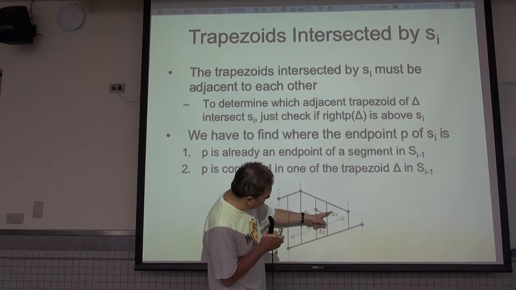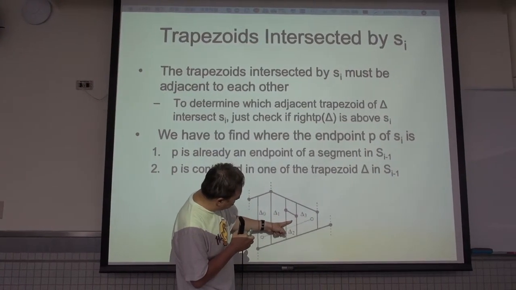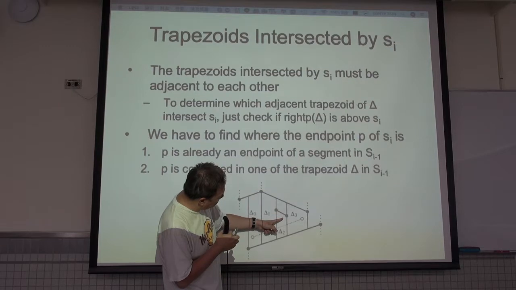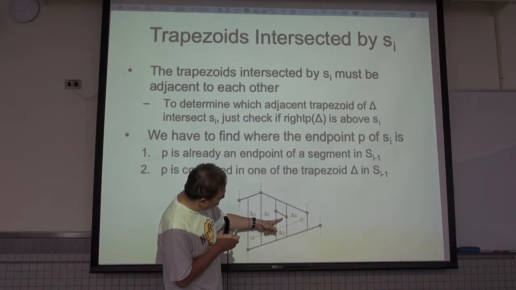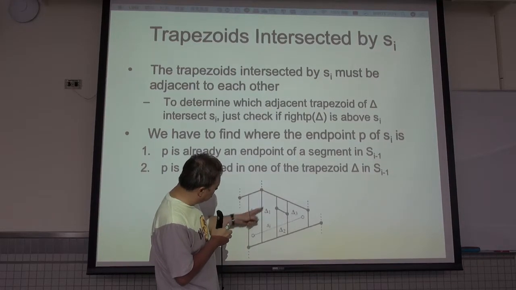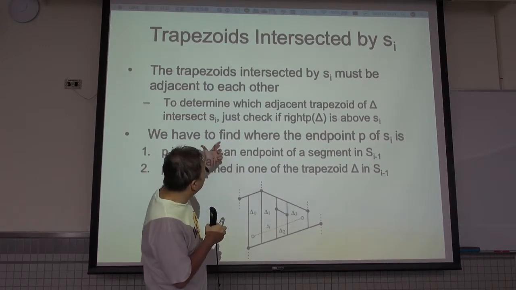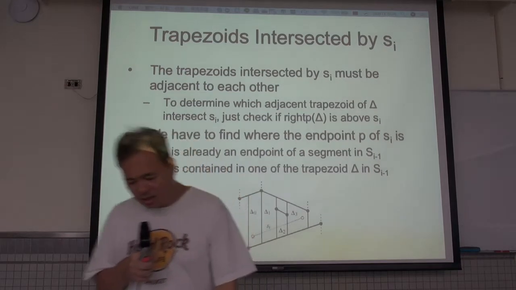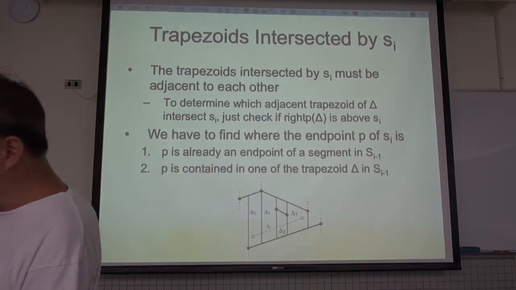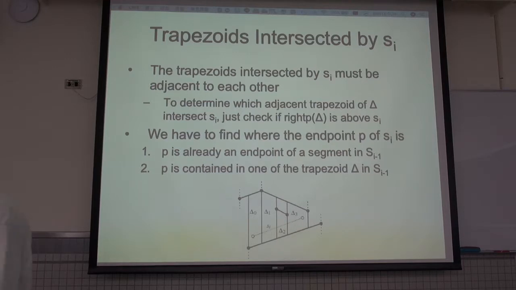The trapezoids you are going to affect will no longer be adjacent trapezoids. But as I said, this situation is not possible because we do not allow the segments to intersect.